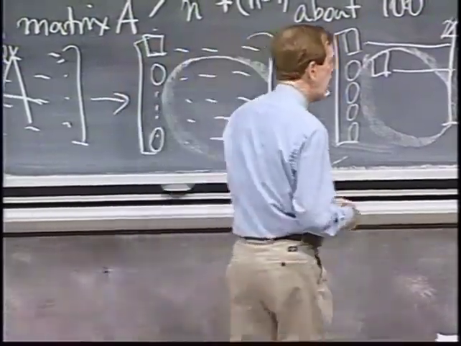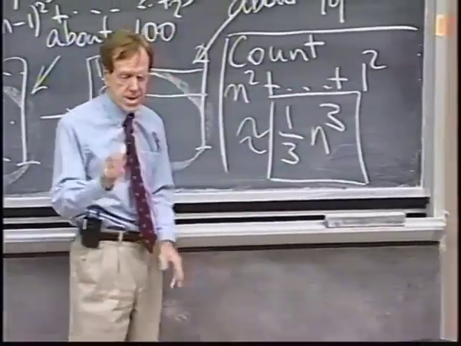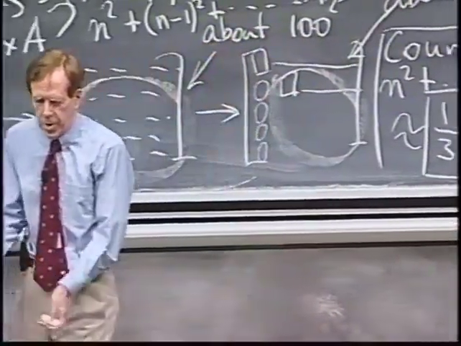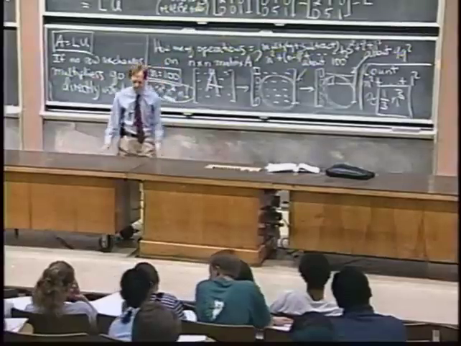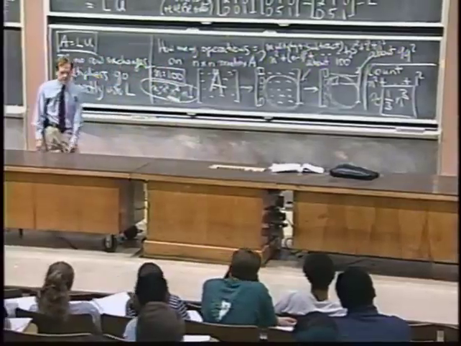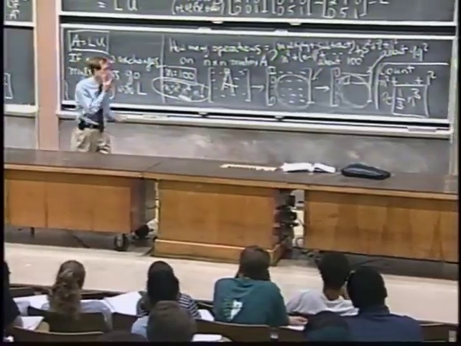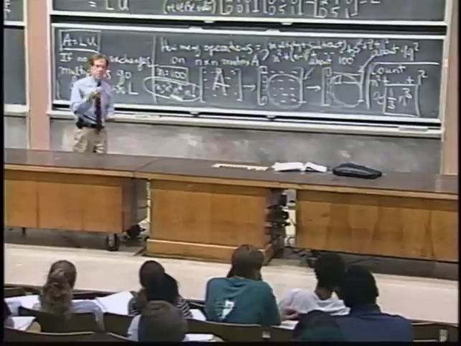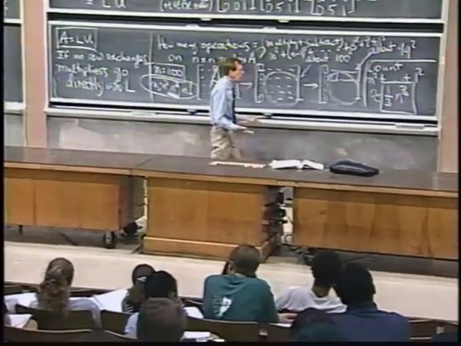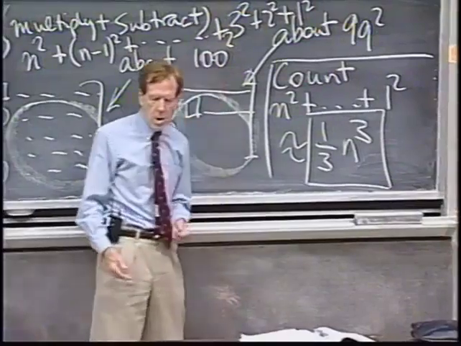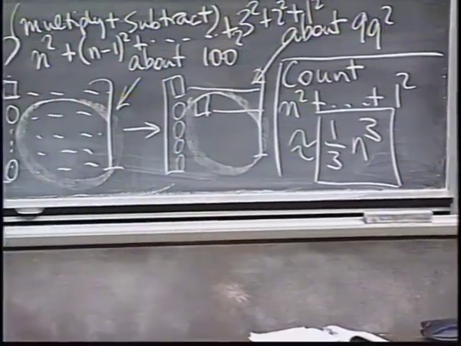And it's correct for the sum also, because that's the whole point of calculus. Calculus is like sums, except it's continuous. And algebra is discrete. Okay, so the answer is 1/3 n cubed.